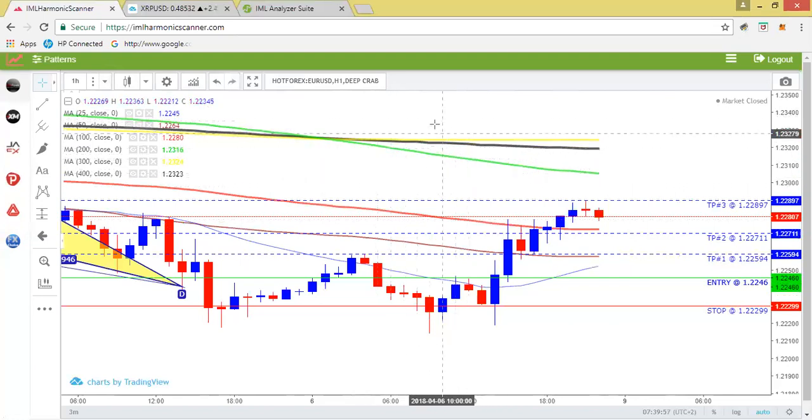Are you following? Assuming all these moving averages are in order, we could say this has formed a bearish zone, which is sell zone. But all the moving averages are not in order. You get my point?